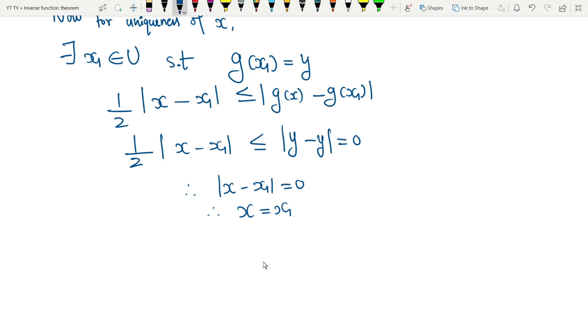So for every point in W, there exists a unique point inside the interior of U. We were able to prove this.